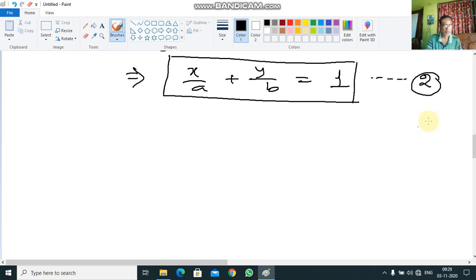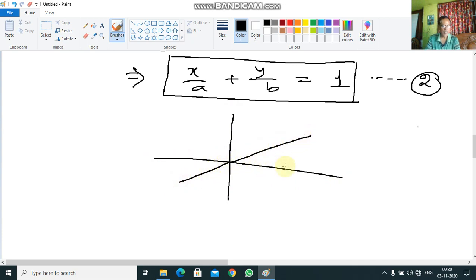3. For a line passing through the origin, here a is equal to 0 and b is equal to 0.